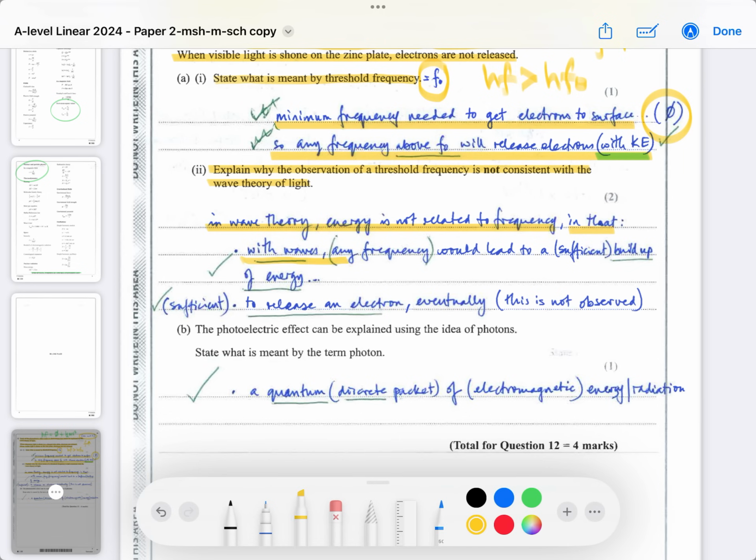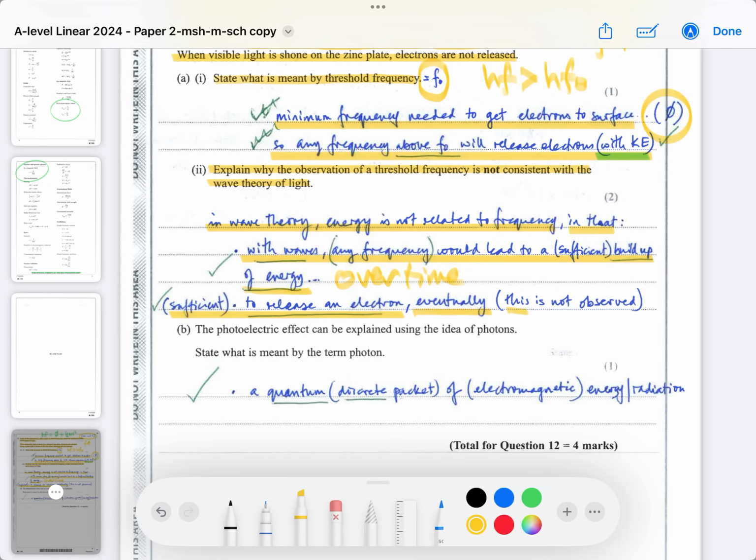With waves, any frequency would lead to a sufficient build-up of energy over time. If you waited long enough, the waves are just continuously coming, and energy will be dependent on time rather than frequency. So it should be sufficient over time to release an electron eventually.